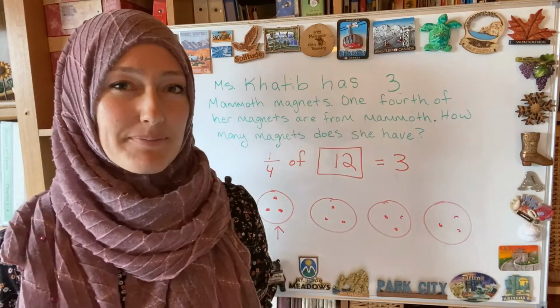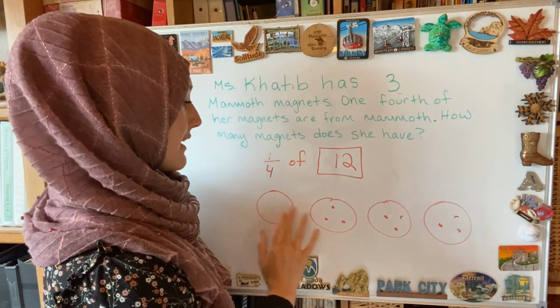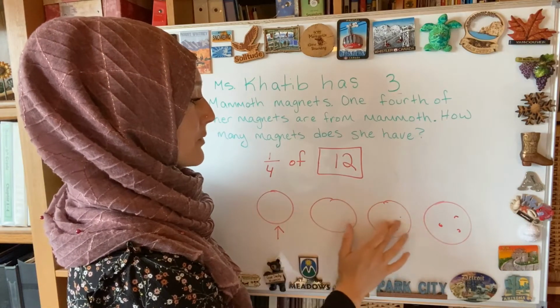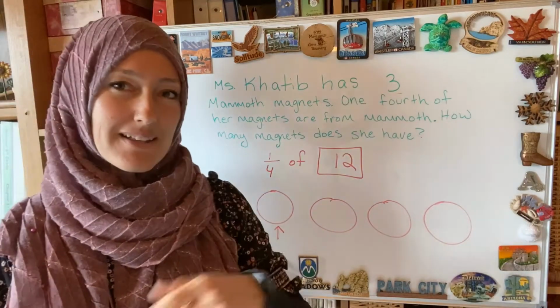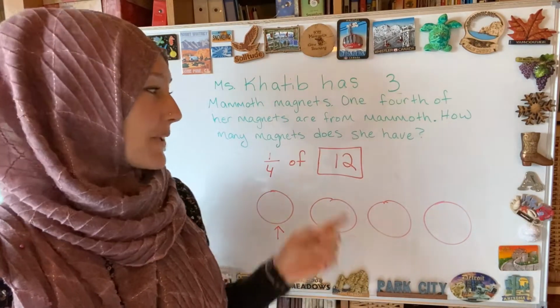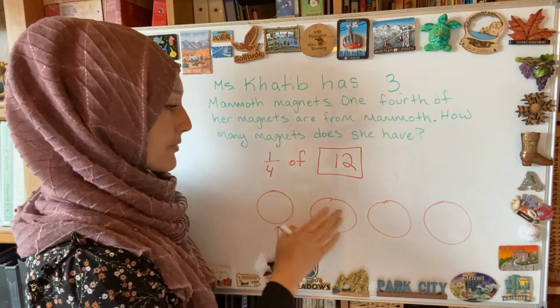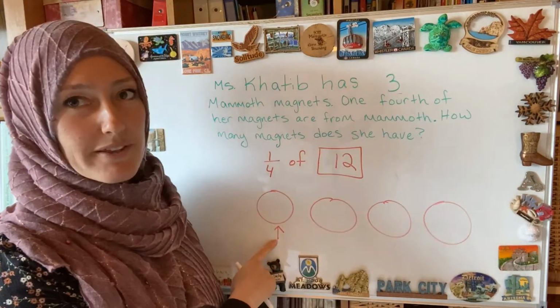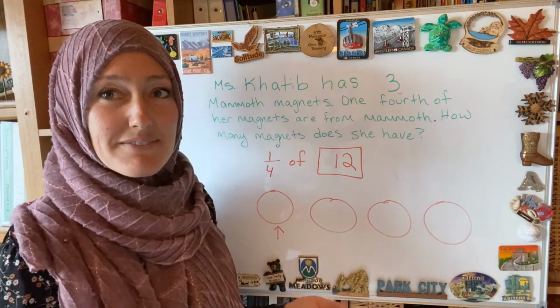Here's how you check it. In the last lesson, what it would ask us is it would say 1/4 of 12 is blank. That's the last lesson. So what would we have done if it was this? We would have said, okay, I have 4 groups. I'm talking about one of them. I have 12 items. I'm going to split them into my groups evenly.